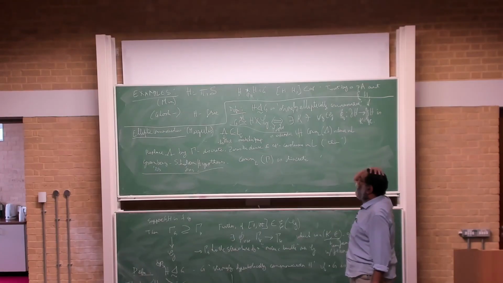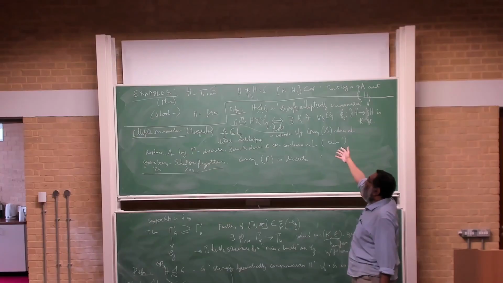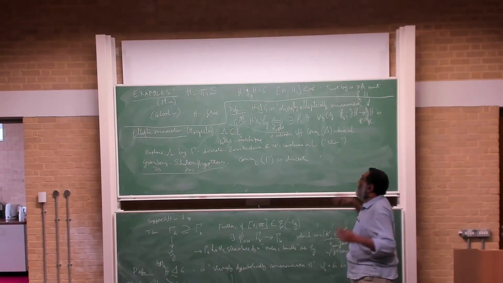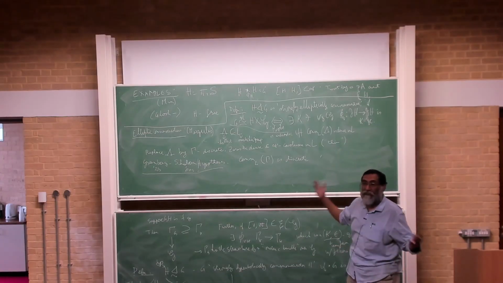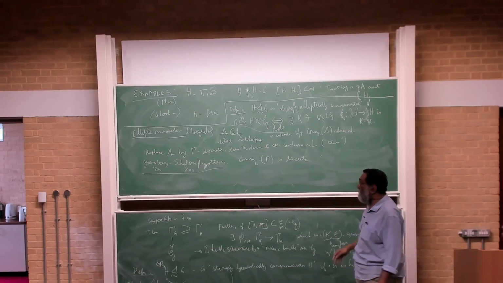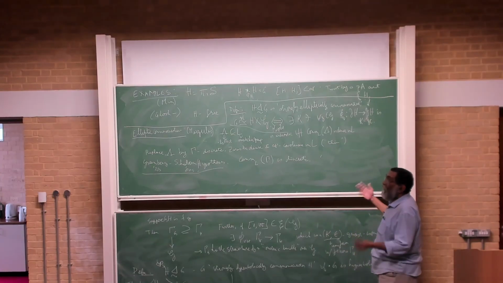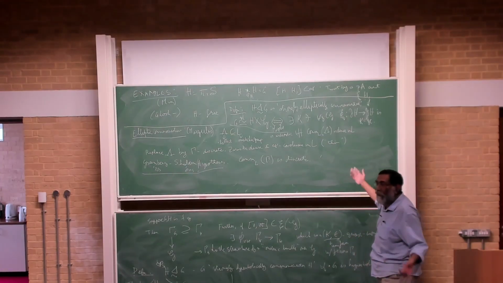But here's the thing. See, Margulis's theorem for lattices says discrete commensurator means non-arithmeticity. It's a fairly strong assertion. And so if you strengthen that hypothesis, you should get lots of consequences.